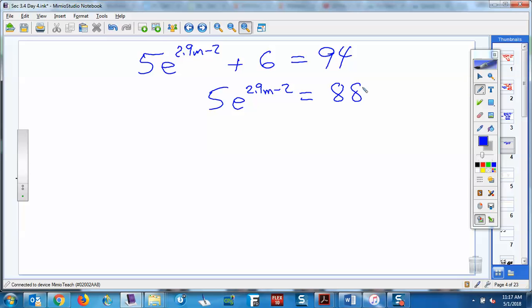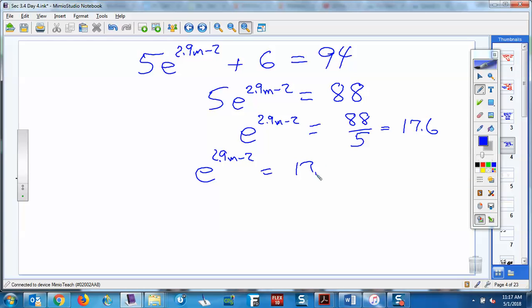So that'd be 88 divided by 5. So 88 fifths, whatever that is. I mean, you can get a decimal because it comes out pretty nice, I think. 17.6. Okay, so that's pretty nice, not a repeating or anything. So now we got e to the 2.9m minus 2 equals 17.6.